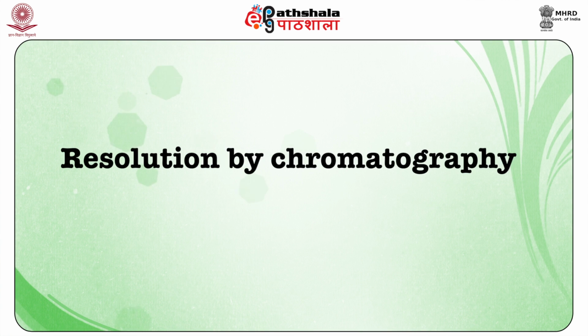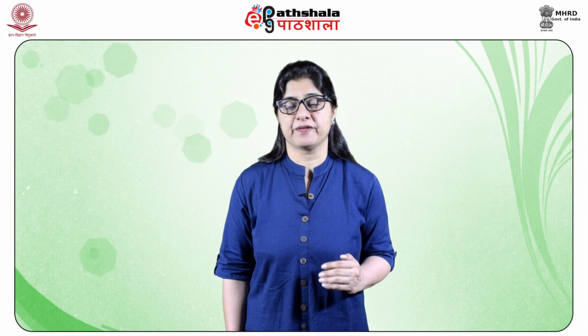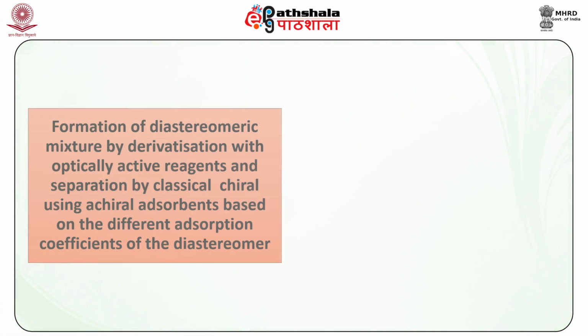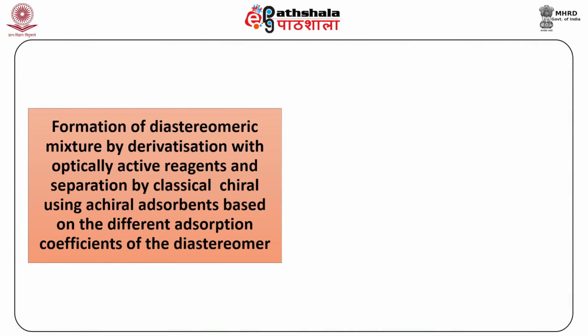Resolution by chromatography. The chromatographic methods of resolution of racemic mixtures are carried out generally under 4 different conditions. Firstly, formation of diastereomeric mixture by derivatization with optically active reagents and separation by classical chromatography using achiral adsorbents, based on the different adsorption coefficients of the diastereomers.